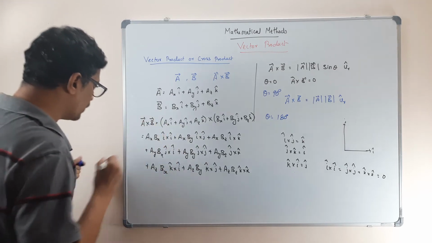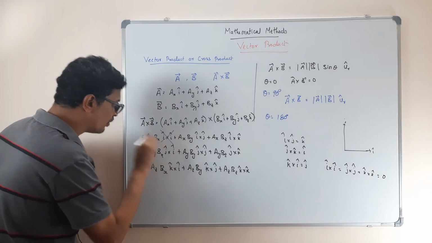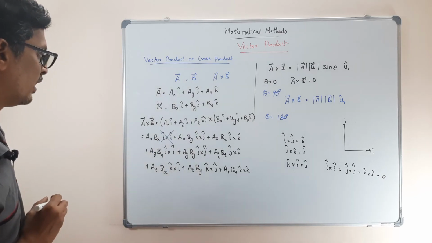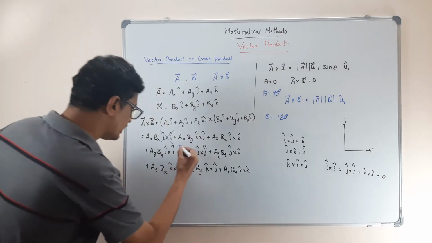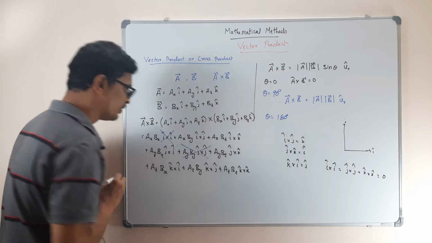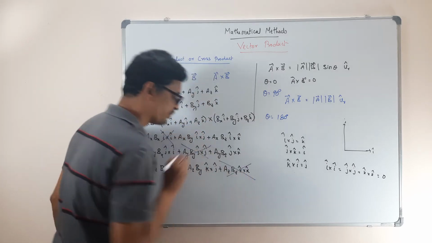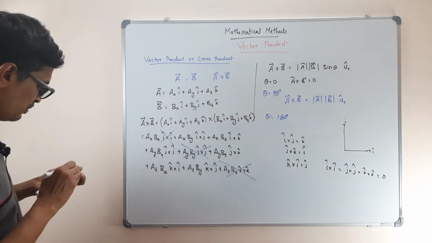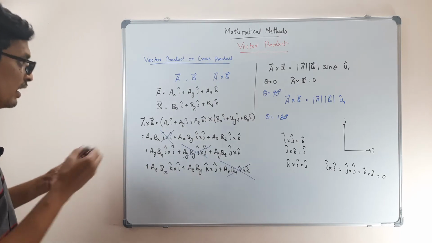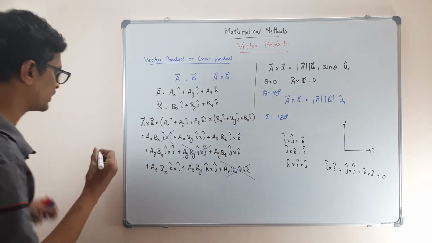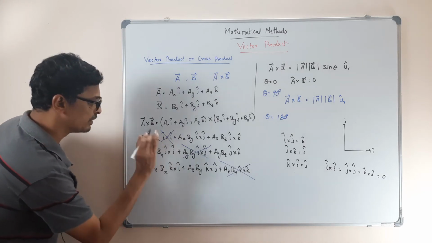So this will go off, correct? And this will go off, and this will go off, correct? Now let us write it down component wise.